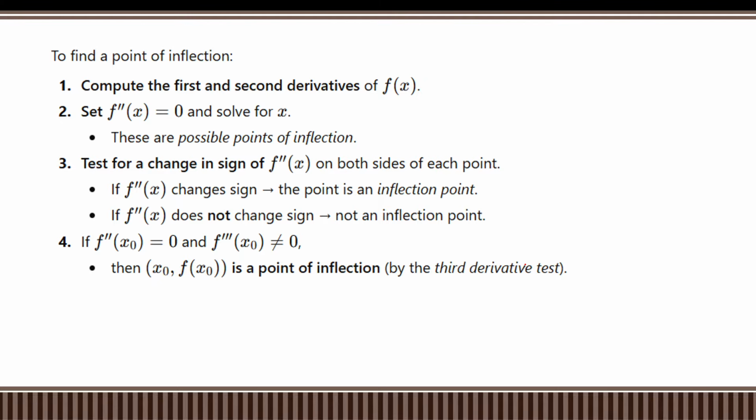The first is compute the first and second derivatives of the function, set the second derivative to 0 and solve for x, check the sign of the double derivative, and use the third derivative, which should not be equal to 0, for these points to be called points of inflection.